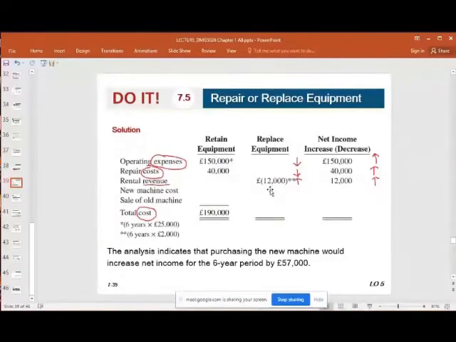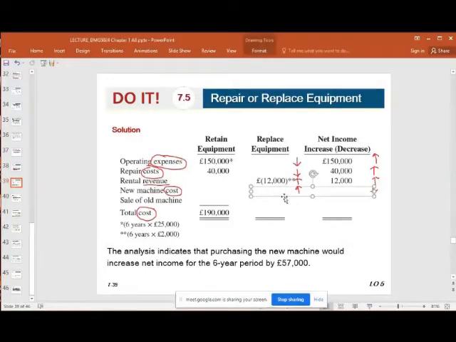Since this is cost, from 0 to 170,000, cost increased, net income decreased. So you have a negative 170,000.